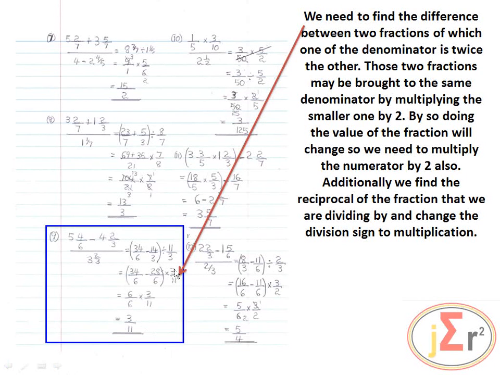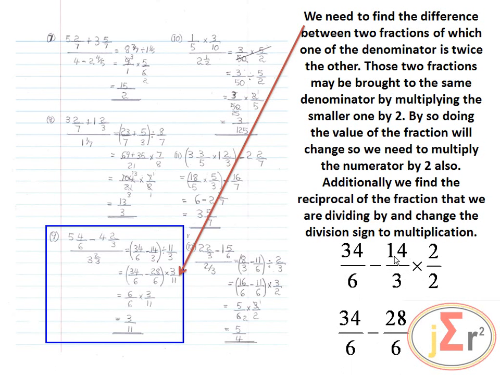So we have 34 over 6 minus 14 over 3. We multiply the 3 by 2 to get 6, but we cannot leave the 14 like that. We need to multiply the 14 by 2 also, and that is 28. So the result is 34 over 6 minus 28 over 6.